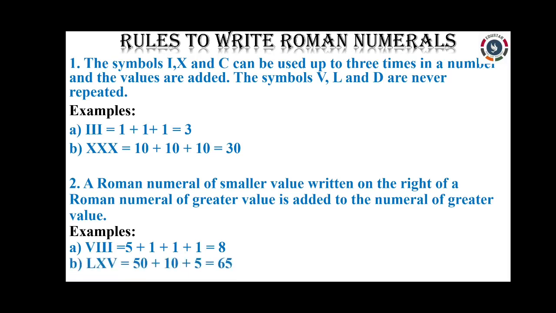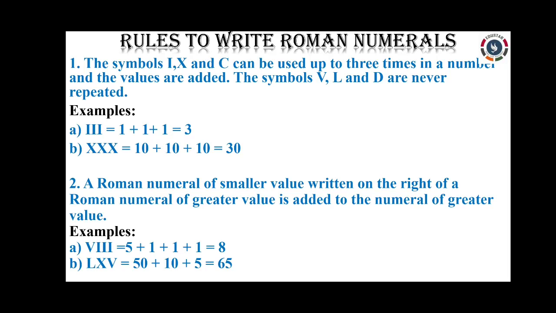B sum, LXV. Compared to L and X, L is greater value, X is smaller value. Next, compared to X and V, X is greater value, V is smaller value. Here, the smaller value comes right side of greater value.